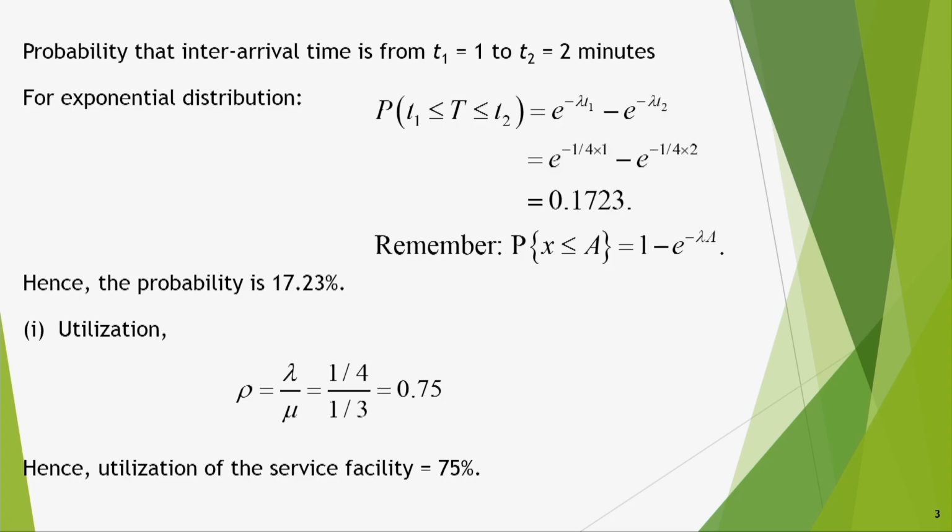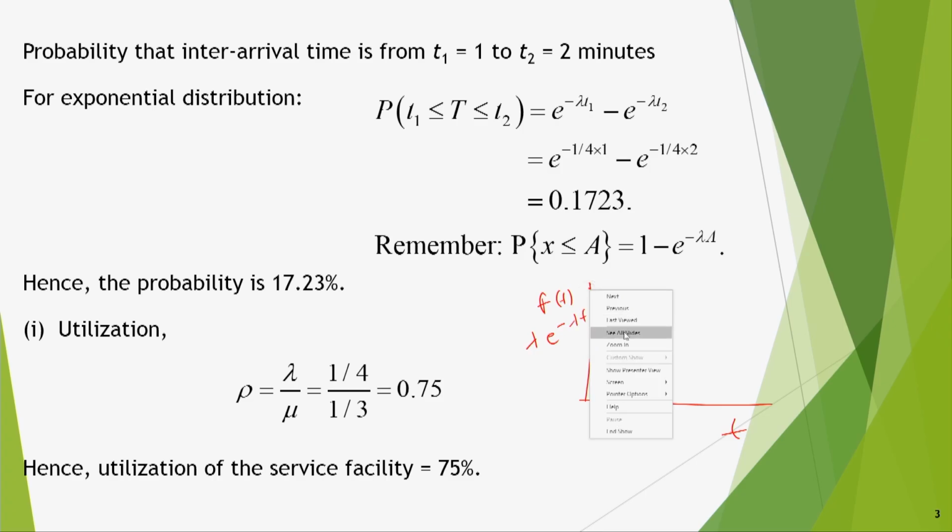So, the probability that inter-arrival time is from T1 equal to 1 to T2 equal to 2 will be P(T1 < T < T2). Suppose this type of distribution is there, and this is the probability density function f(t), which is lambda e to the power minus lambda t.